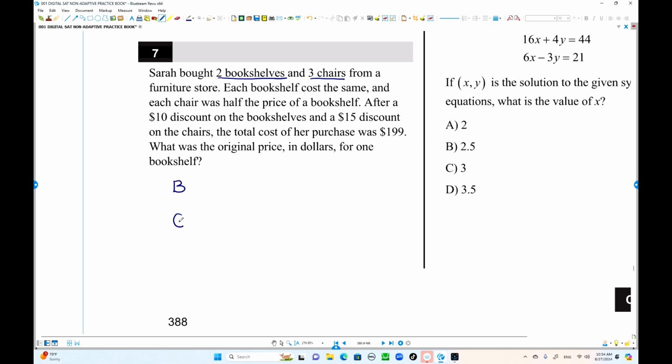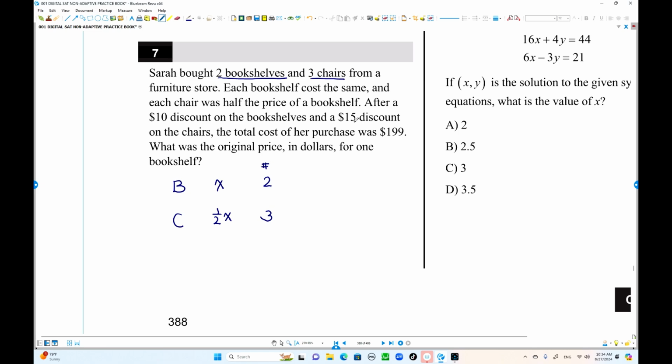Okay, each chair was half the price of a bookshelf. If bookshelf is X, this one is 1/2x, that's the price. Or you can, this is x, this is 2x, it doesn't matter, okay? Anyway, that is doubled. Okay, I'm going to use this number. And there were 2 bookshelves over here and 3 chairs. That is the number of each item.